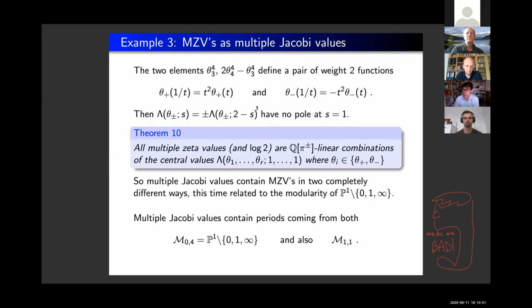The reason is, and this is very technical, there's a way to construct mixed motives as the bar construction on a cycle complex of something that computes K-theory. What that means is that mixed motives should be something like iterated integrals on something which computes pure motives.